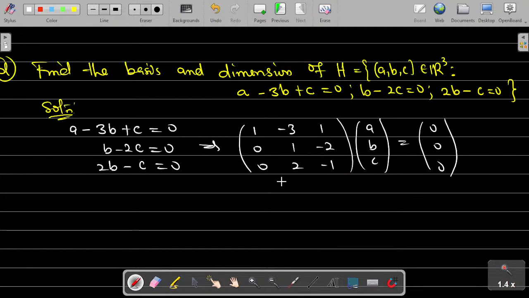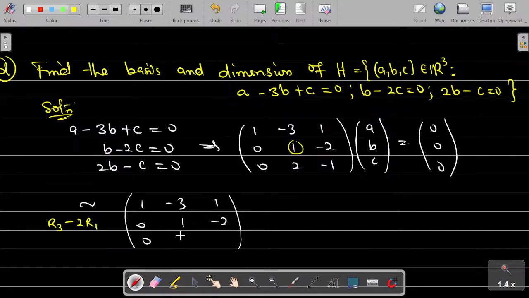So let me just finish up here. This place has already been reduced, so we just finish the rest. Row 1 and row 2 will remain the same, because you've already done the reduction from the question. Here I only want to remove the 2 to make it 0, so I'm going to have row 3 minus 2 row 2, because this is my pivot now.